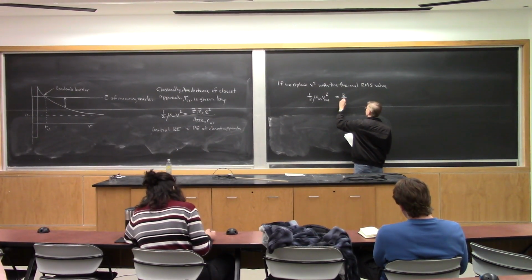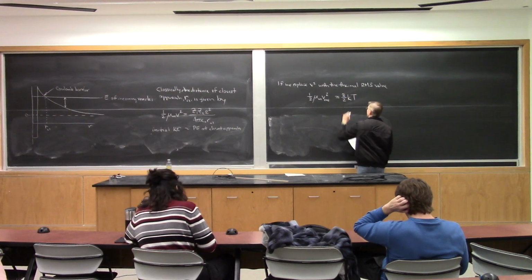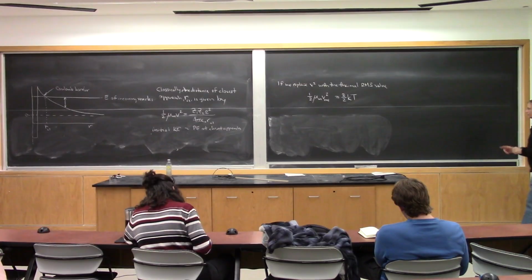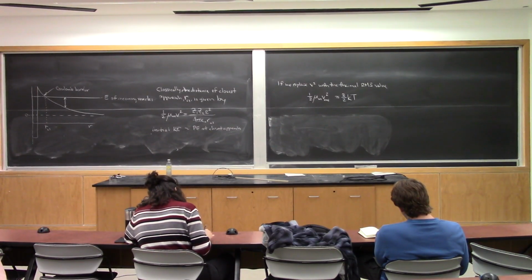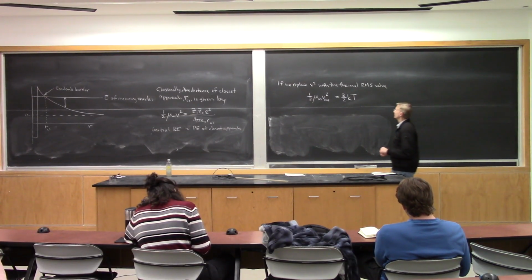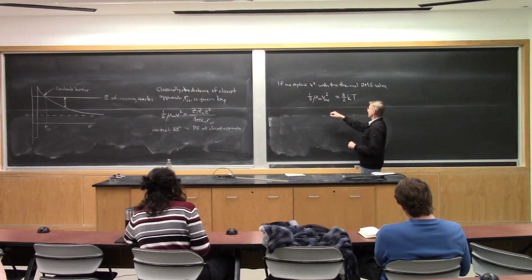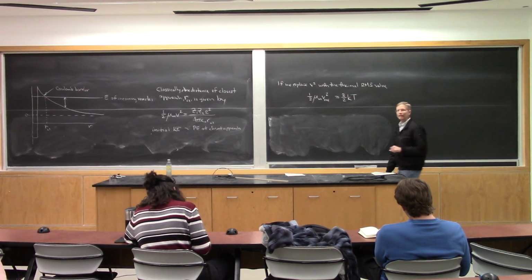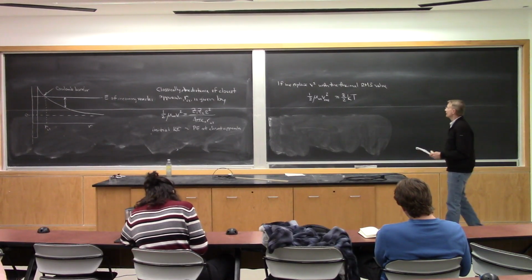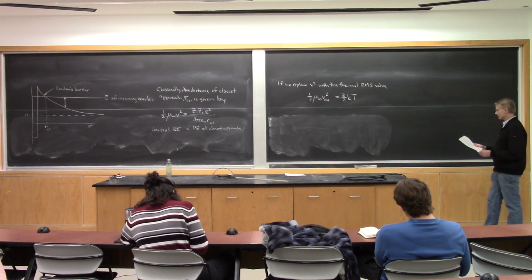Remember that each degree of freedom gets half kT of average thermal energy for the motion of the particles. They've got 3 degrees of freedom. They're moving in 3 dimensions. And so 1/2 mu v RMS squared, the thermal RMS kinetic energy, is equal to 3/2 kT. So this gives us a relationship between the temperature and the typical speeds of the particles.